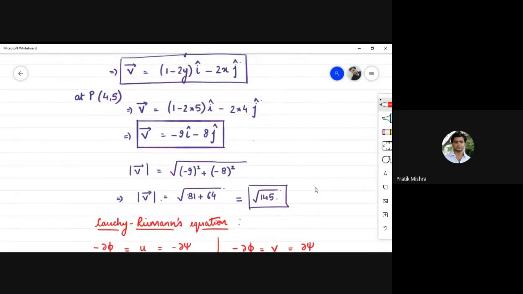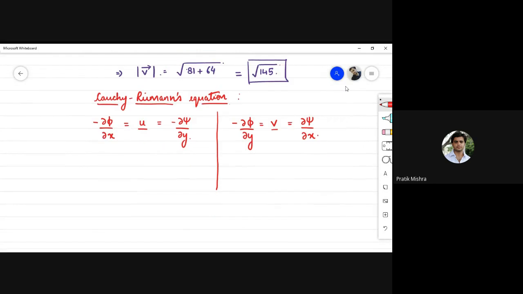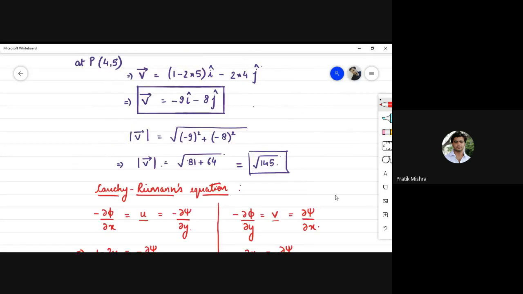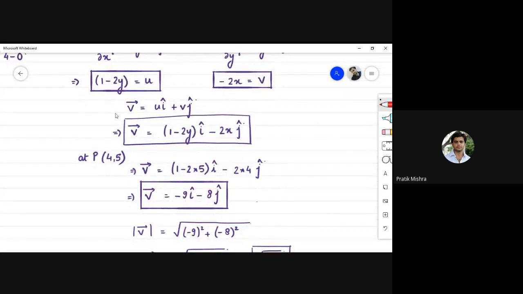So we know that u is 1 minus 2y and v is minus 2x. एक एक करके u is 1 minus 2y, which is minus del psi by del y, and v is minus 2x, which is del psi by del x. ठीक, एक बार और चेक कर लेते हैं सही लिख रहे हैं हम कि नहीं. So velocity component u is 1 minus 2y and v is minus 2x.